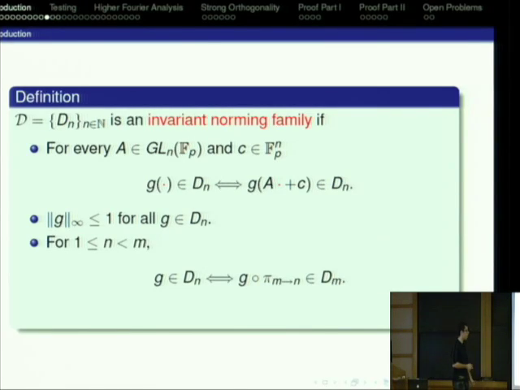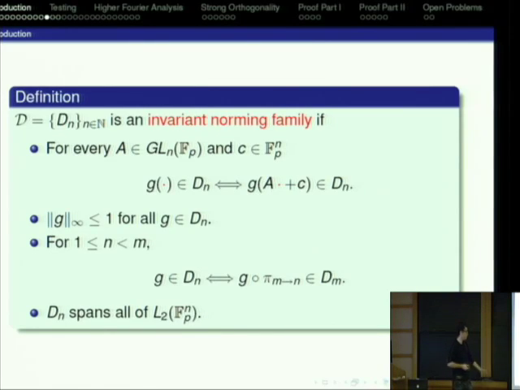And if you take one g in D_n, then its composition with these projections also belongs to the space D_m, and this is an if and only if statement. So these are consistent.